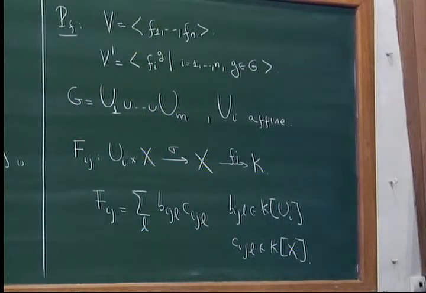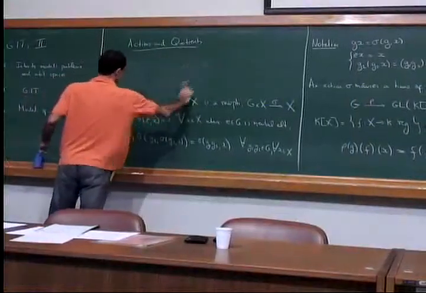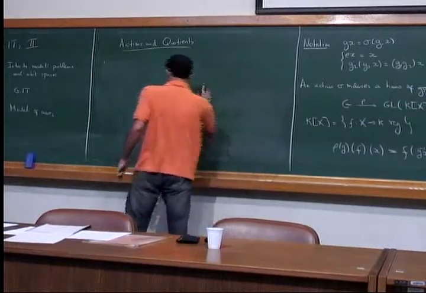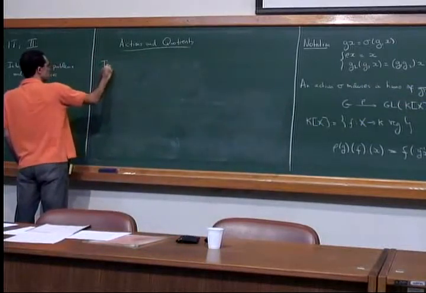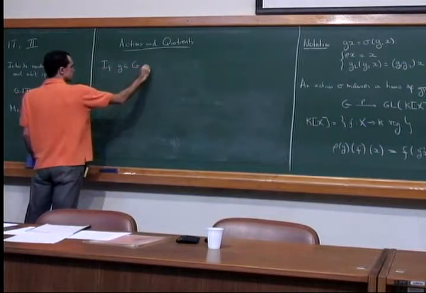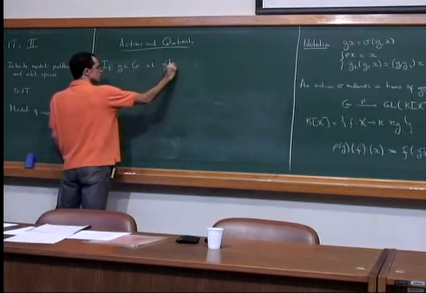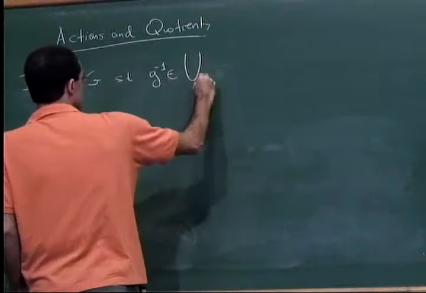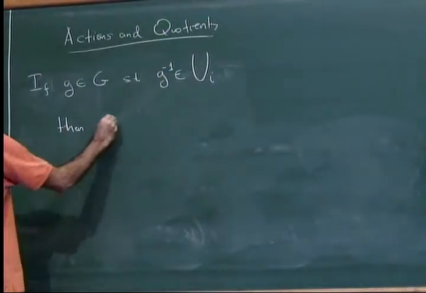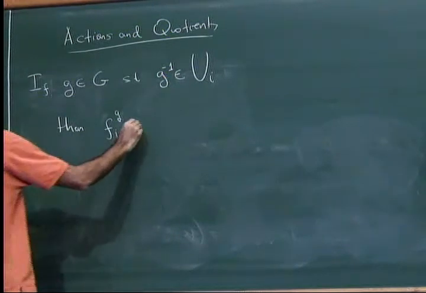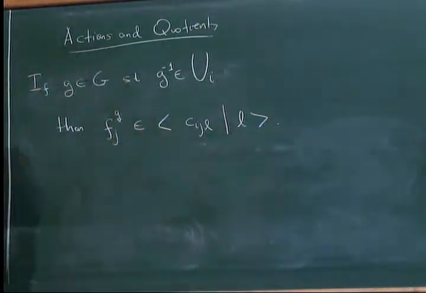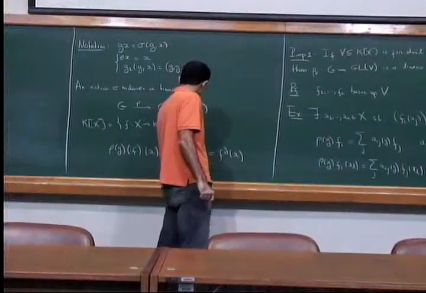Okay? So that's the structure of the regular functions on the product. And now what you see is that if g is such that the inverse belongs to Ui, yes, because we're applying the inverse here, then Fj g belongs to the space generated by this Cijl for l running, because Fg is given in this way.